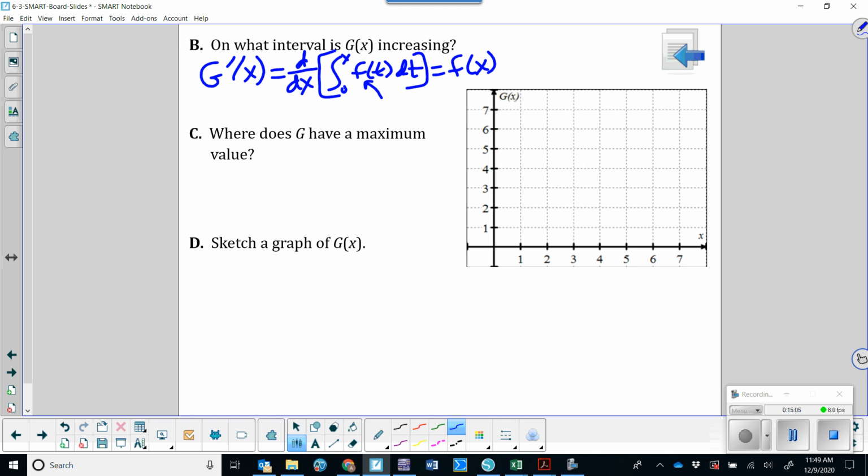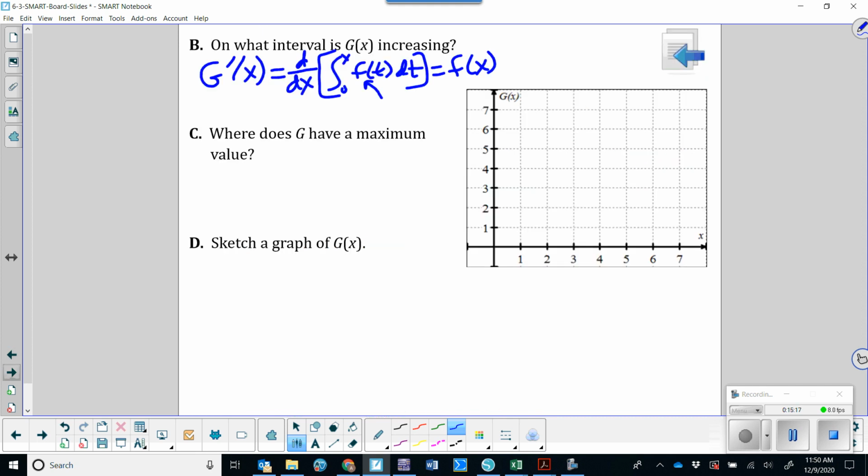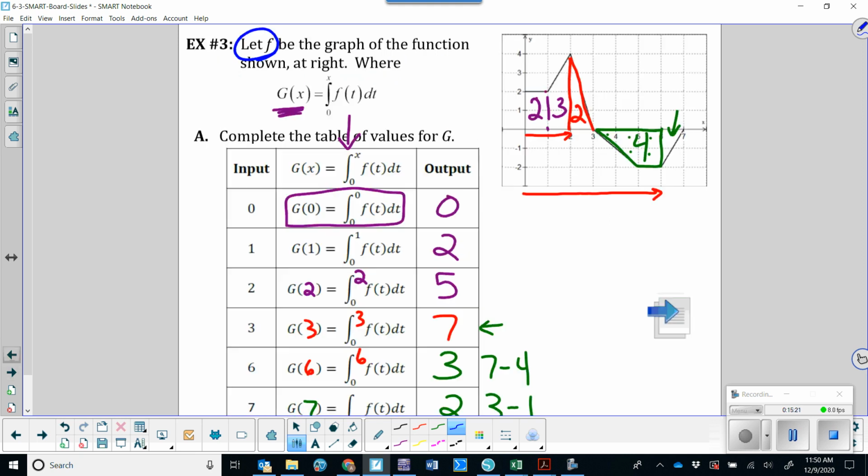Now, why is that important? Well, let's look back. What is this graph? Well, this graph is the graph of f. Okay, so this graph is f. We've just said that g prime equals f. So basically that means that this graph is the derivative. So that's important.